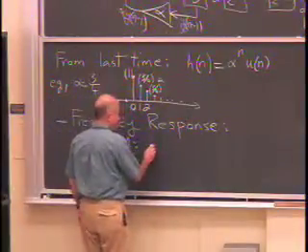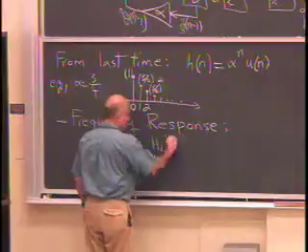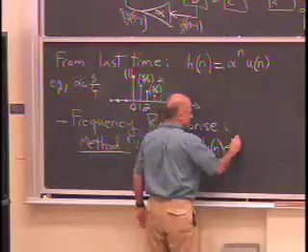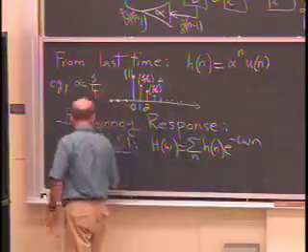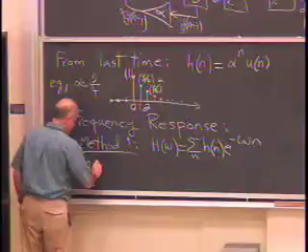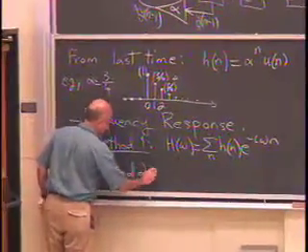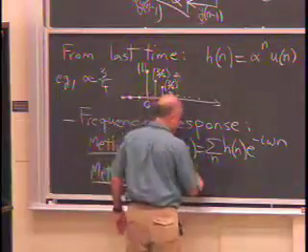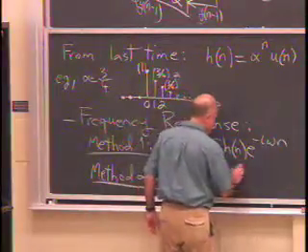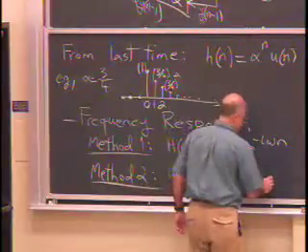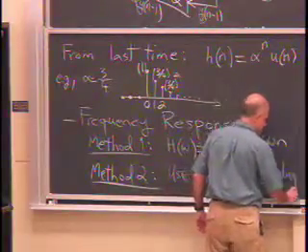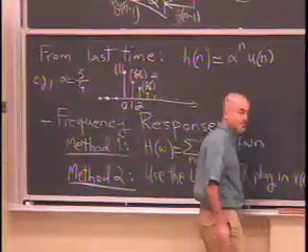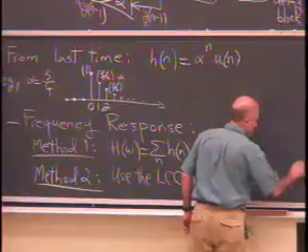you have the definition. And method two is you use the difference equation, the linear constant coefficient difference equation, and plug in what? x of n equals e to the i omega n.